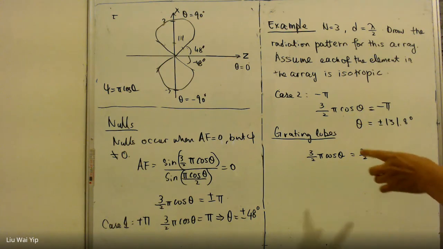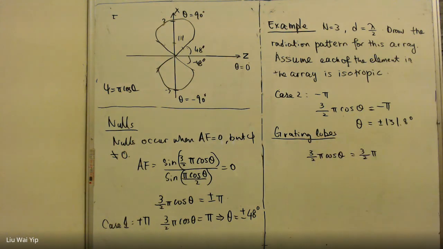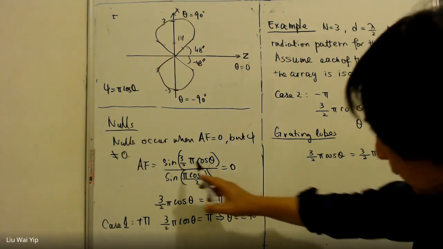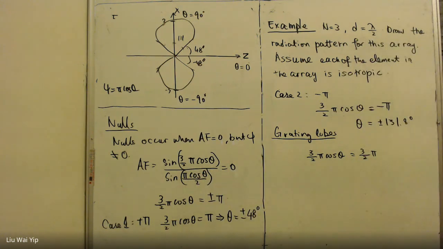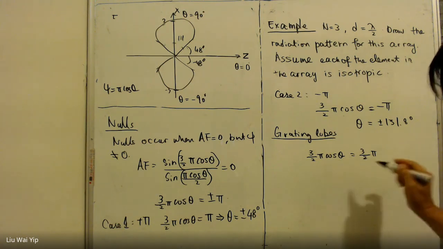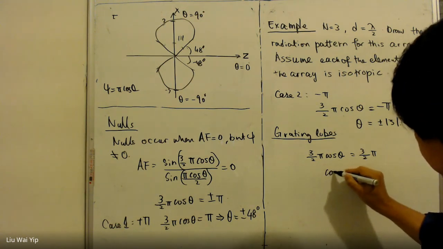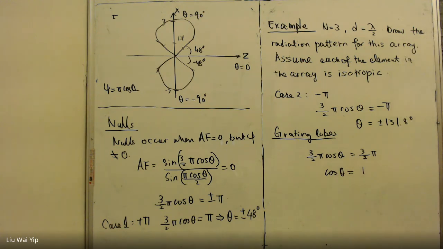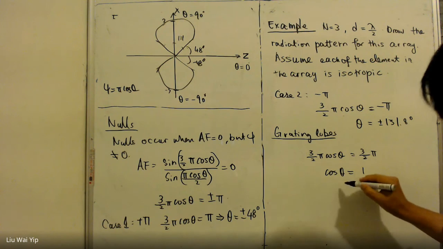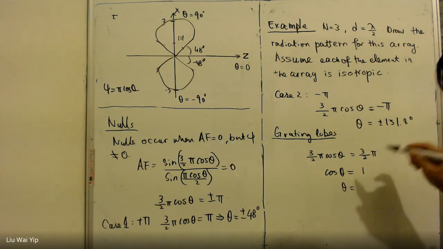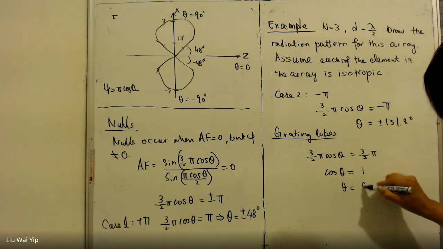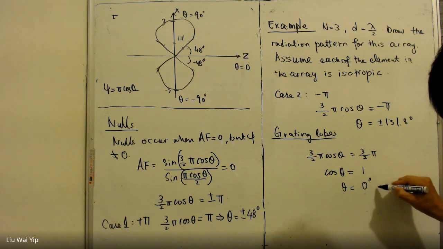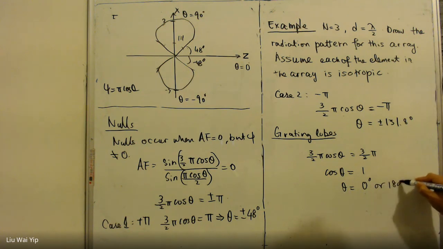We are going to work out the direction of the grating lobes according to what we can get here. The angle has to be equal to 2 pi. And if this is the case, then you will get 1. And in this case, theta has to be 0 degree or 180 degree.